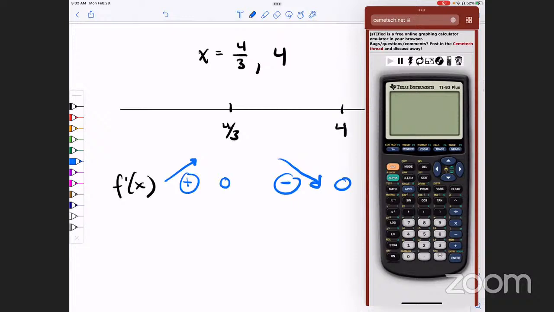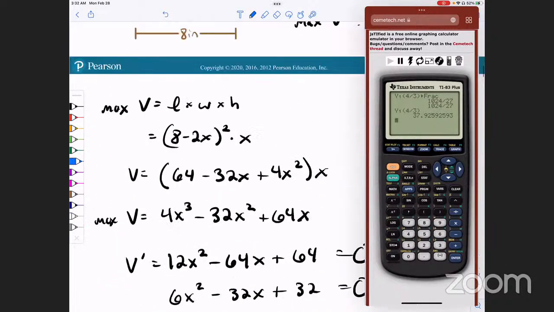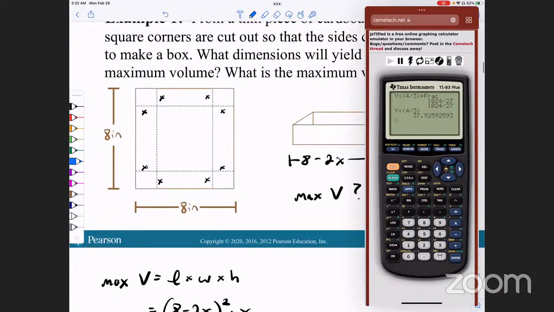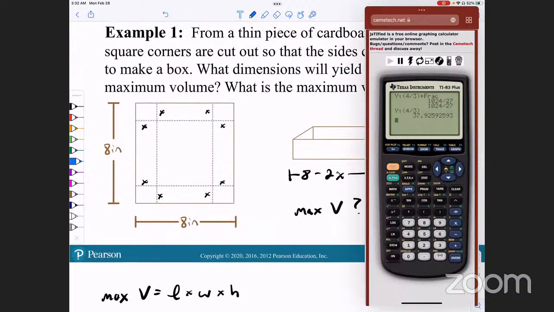To find the corresponding y, I'm going to go to variables and call on that function I just typed in. What's the corresponding y when x is 4/3? It's a fraction, just in case we can express it as a fraction. I want that as a decimal. 7.9.